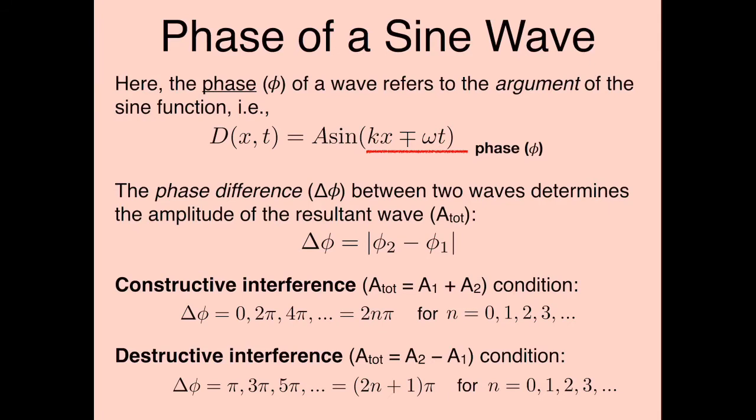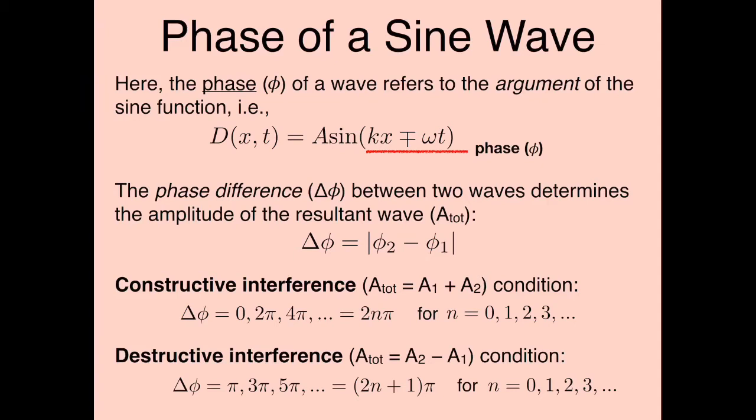And for constructive interference, okay, that's when we get the biggest possible total amplitude, delta phi can be 0, it can be 2 pi, it can be 4 pi, it can be 6 pi. In general, what we say is it's 2n pi, where n can be 0, 1, 2, 3, and so on.